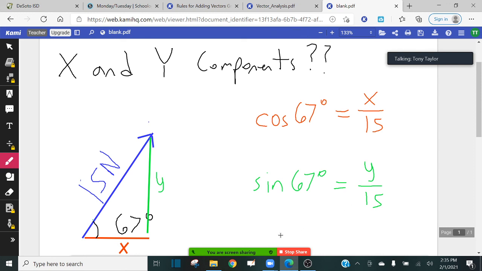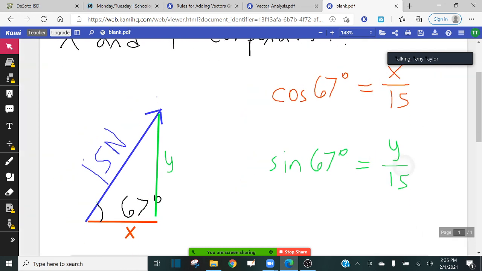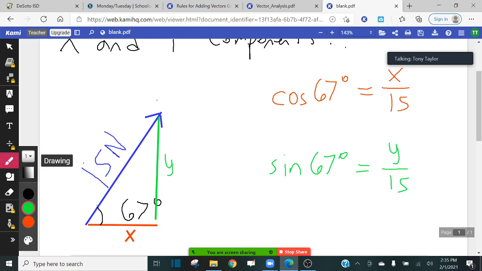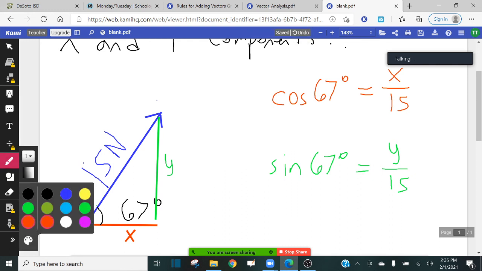Let me go ahead and do the calculations so I can give you the answers. 15 times cosine of 67 gives me 5.9. 15 times sine of 67 gives me 13.8.